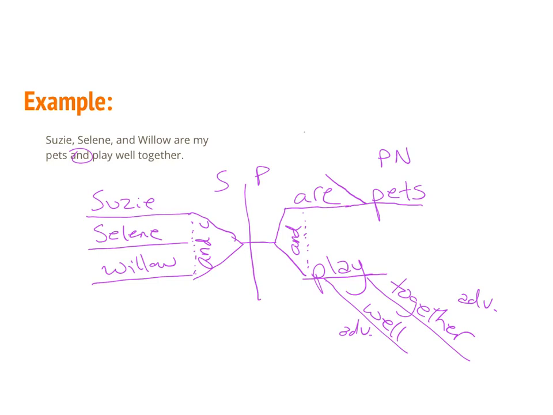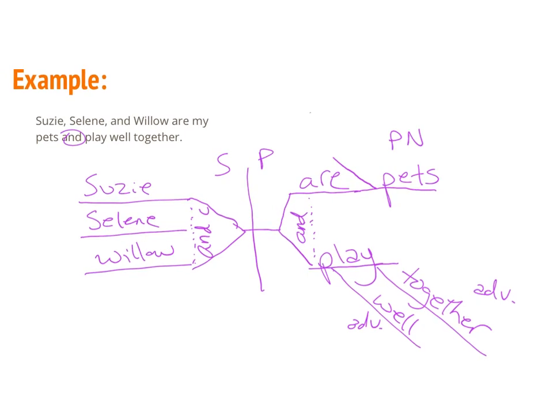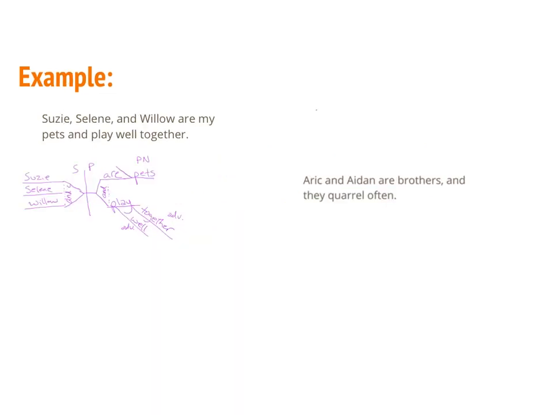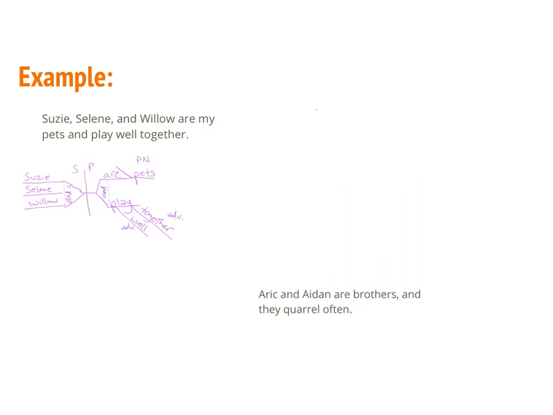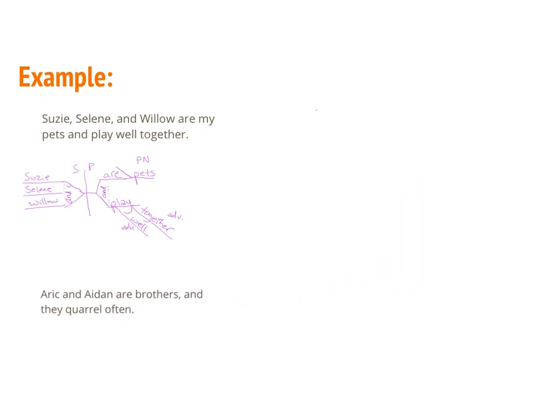Now, I'm going to go ahead and shrink this sentence and bring in one more to show you. Okay, I've shrunk that sentence, and so now I've added this sentence that I'm going to go ahead and show you how to diagram. This sentence reads, Eric and Aiden are brothers, and they quarrel often.